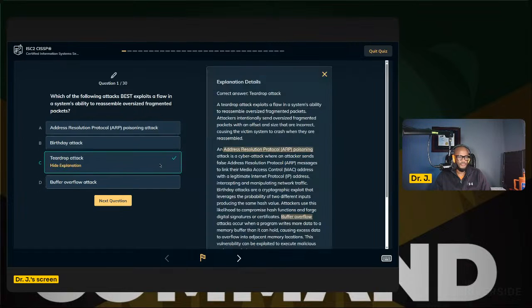Yeah, teardrop attack exploits a flaw in the system's ability to reassemble oversized fragmented packets. Attackers intentionally send oversized fragmented packets with an offset and size that are incorrect, causing the victim system to crash when they are reassembled.